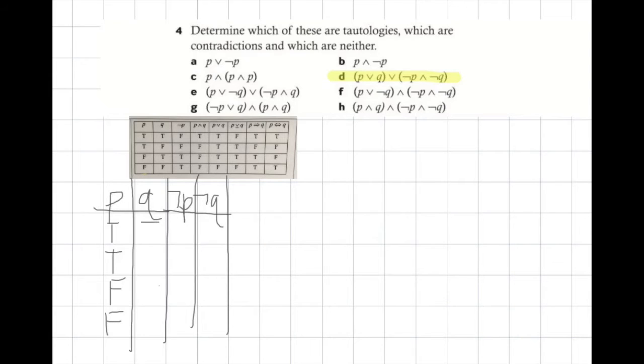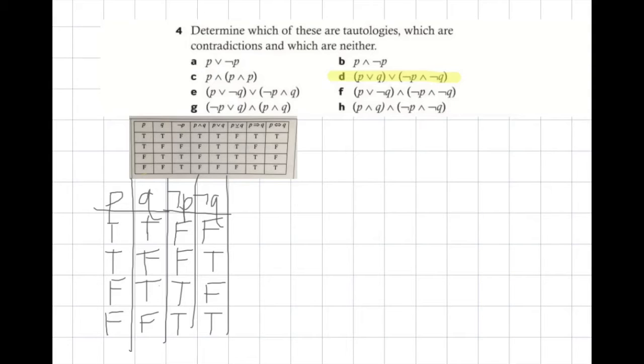Q is true, false, true, false. Not P would be false, false, true, true. And not Q is false, true, false, true.